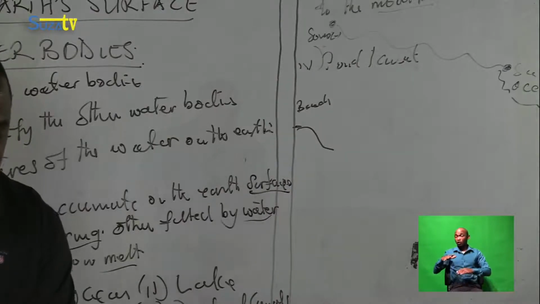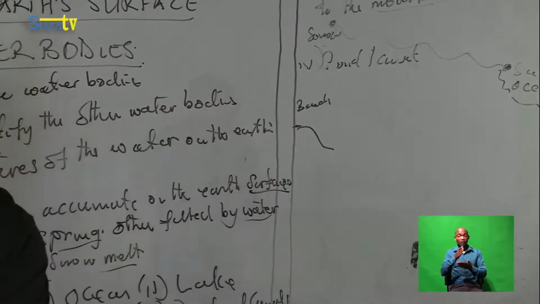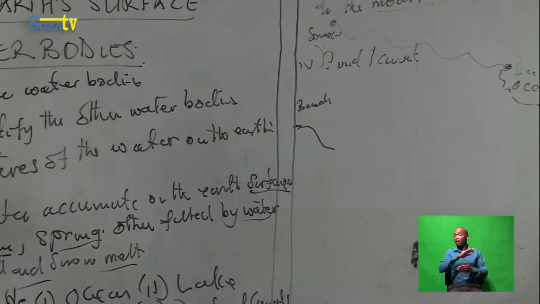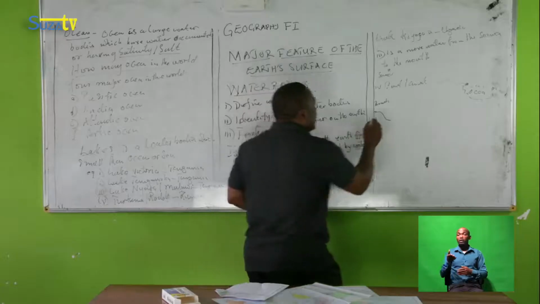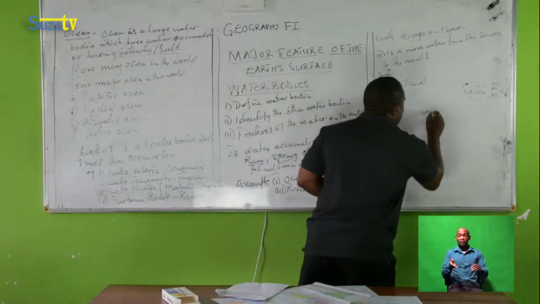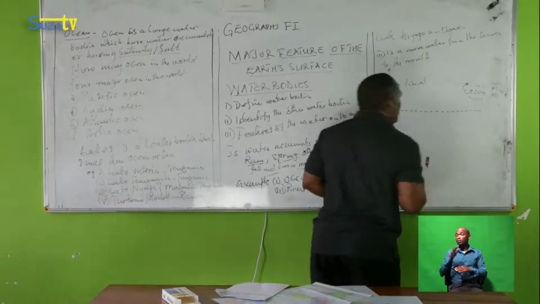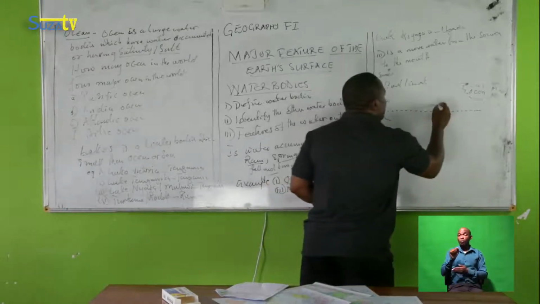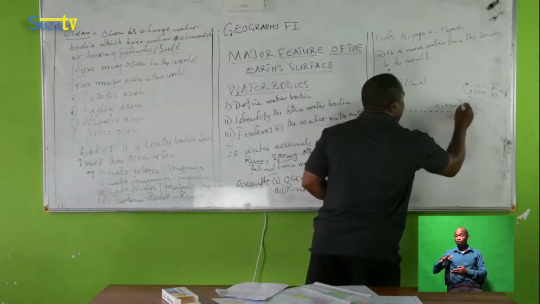So all the area on the ocean is covered by water. When we say this portion is covered by water, all this covered by water, we call it the ocean surface.